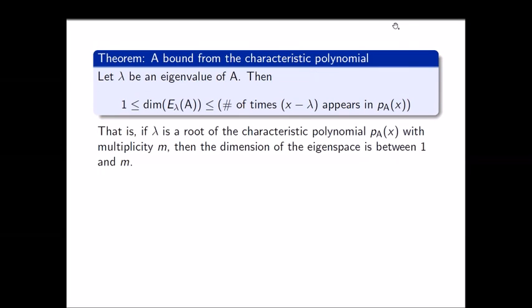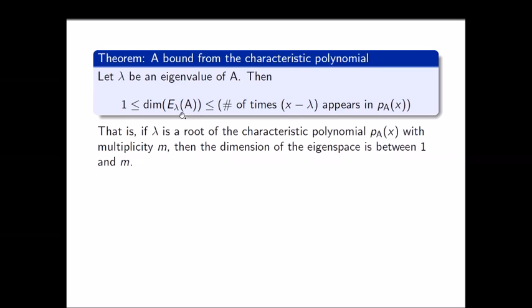So I want to end this episode with a very important result, and that's a bound on the dimension of an eigenspace. If lambda is an eigenvalue for matrix A, then we've already discussed that because there will be at least one eigenvector, the dimension of the lambda eigenspace is going to be at least 1.